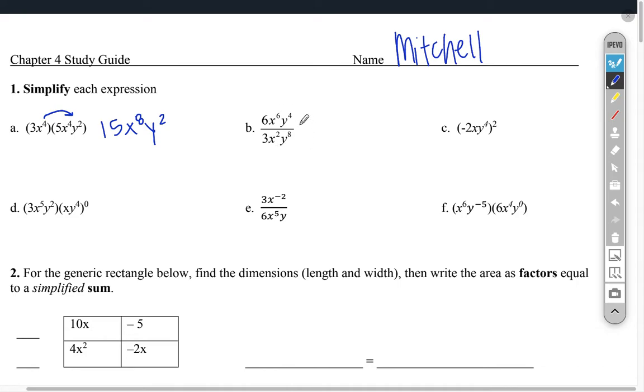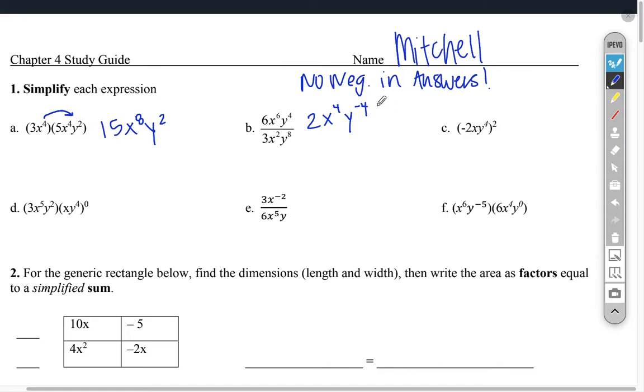All right, and then on B, we're dividing, so we have 6 divided by 3, 2. 6 minus 2 is x to the fourth power, and then 4 minus 8 is y to the negative fourth power. Now, remember, we cannot have any negatives in our answers.